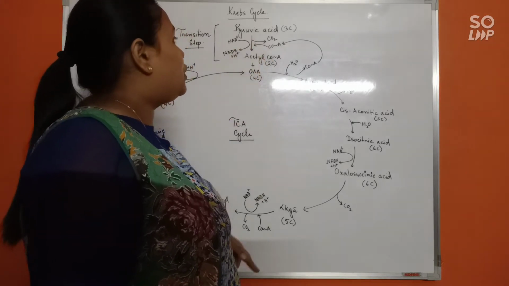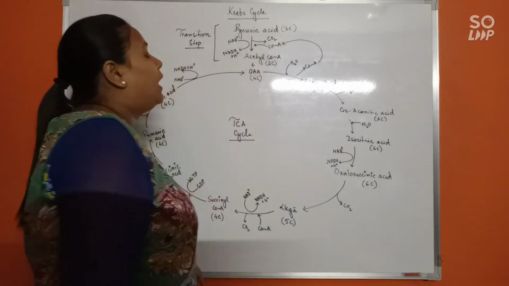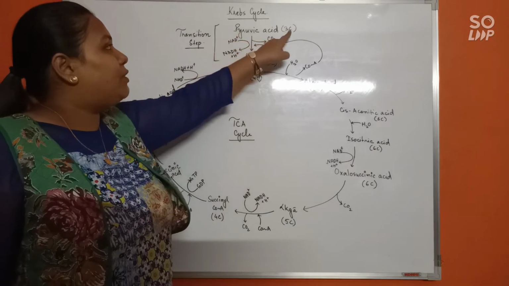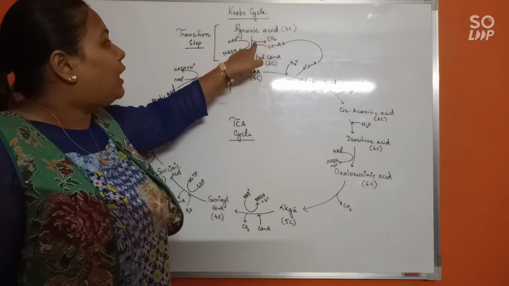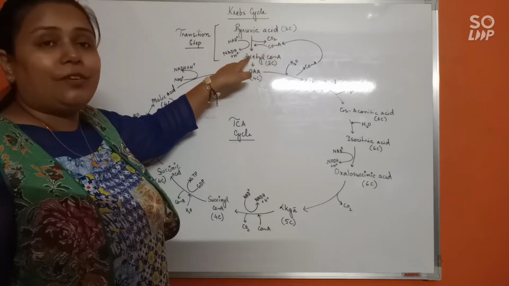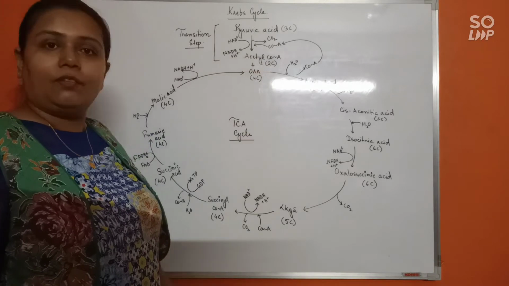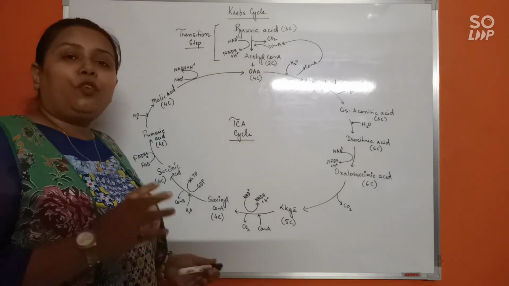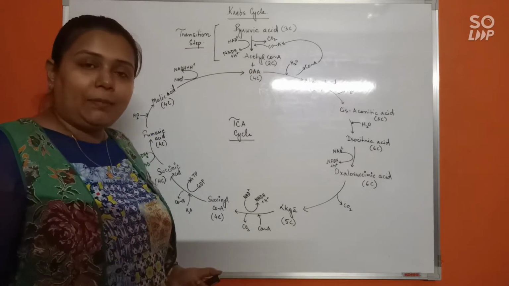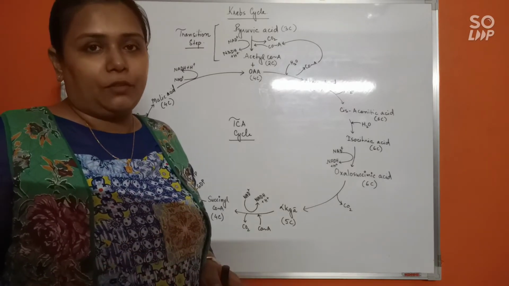Due to this transition step, the final product is acetyl coenzyme A. Pyruvic acid is a 3-carbon compound and 1 carbon dioxide is lost here, so the resultant acetyl coenzyme A consists of 2 carbon. Now, before I tell you anything about the Krebs cycle, do remember respiration is finally a breakdown pathway, right?